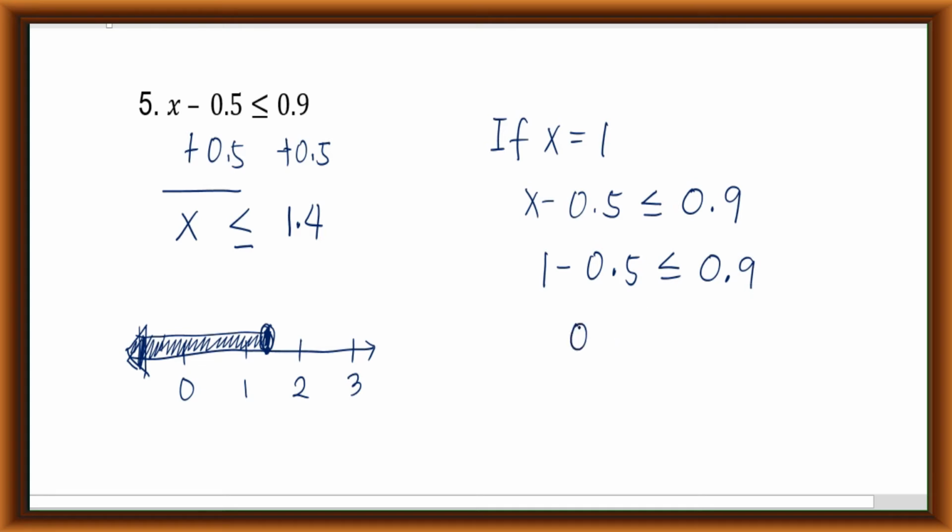So we have 0.5 is less than or equal to 0.9. So therefore, this is correct. Again, in interval notation, x such that x is less than or equal to 1.4.